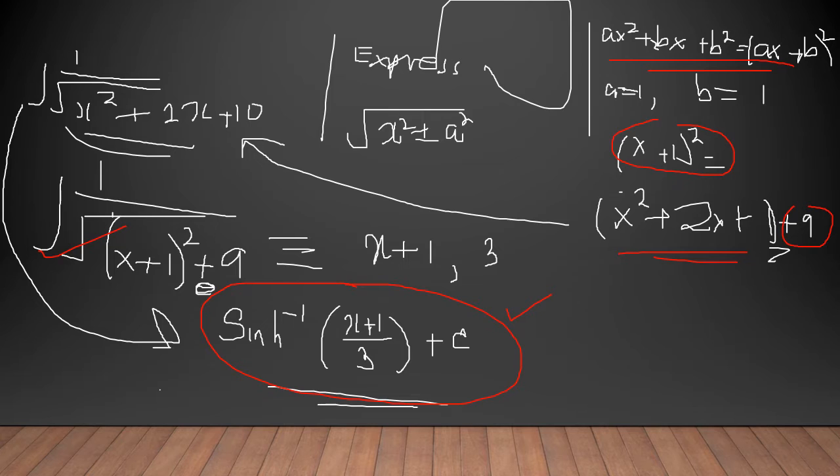So it's like we are talking about (x plus 1) squared, because this is an expansion of (x plus b) squared. If we substitute a and b, then we have this.